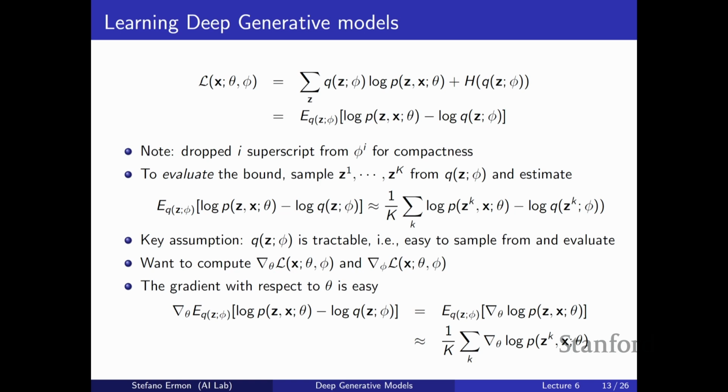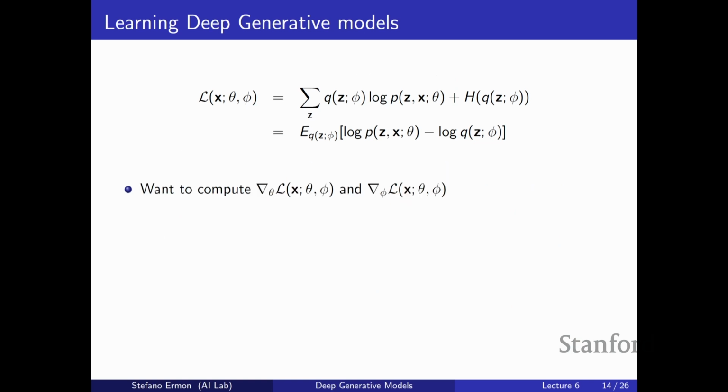If I were to make a small change to phi, how would my samples change? If you take gradients with respect to theta, you don't have to worry about it because you're not sampling from a distribution that depends on theta. So you don't have to worry about how the samples themselves would change. But if you're changing phi, then you need to understand how your sampling procedure depends on phi. And so the gradient is not going to be as easy as this one.